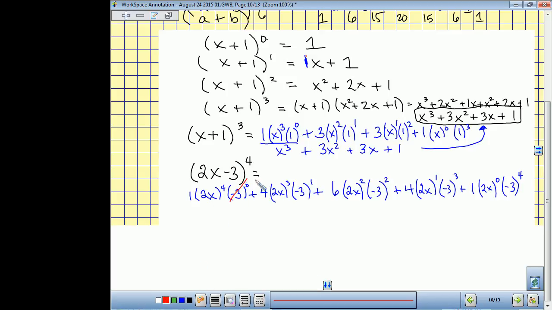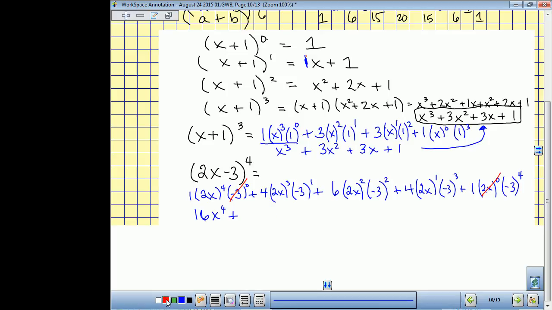Okay, anything to the 0 power is 1. So we can kind of take those out because multiplying by 1 doesn't change anything. 2 to the 4th is 16. So this makes 16, and x to the 4th is just x to the 4th.